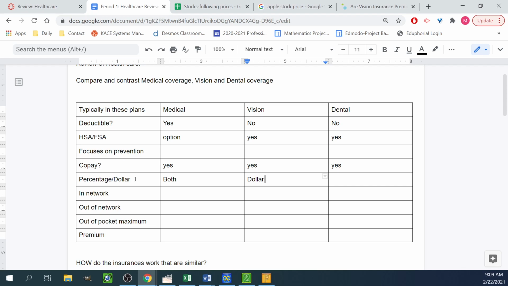Then the lenses. Lenses have like 5 or 6 different options. So lenses are almost always included up to a certain amount. So for example, regular lenses are always 100% covered, for every vision plan I've ever seen. But if my lenses were regular, they'd be like this thick.